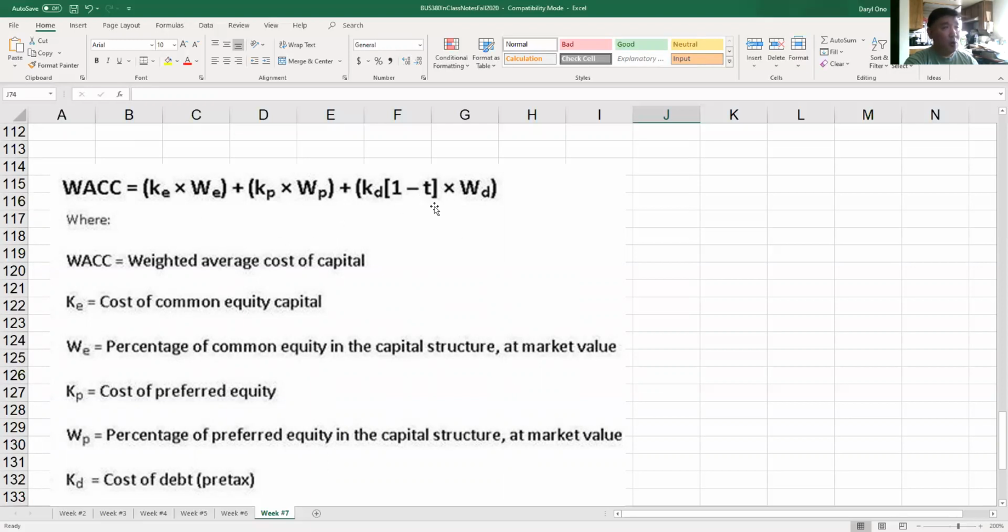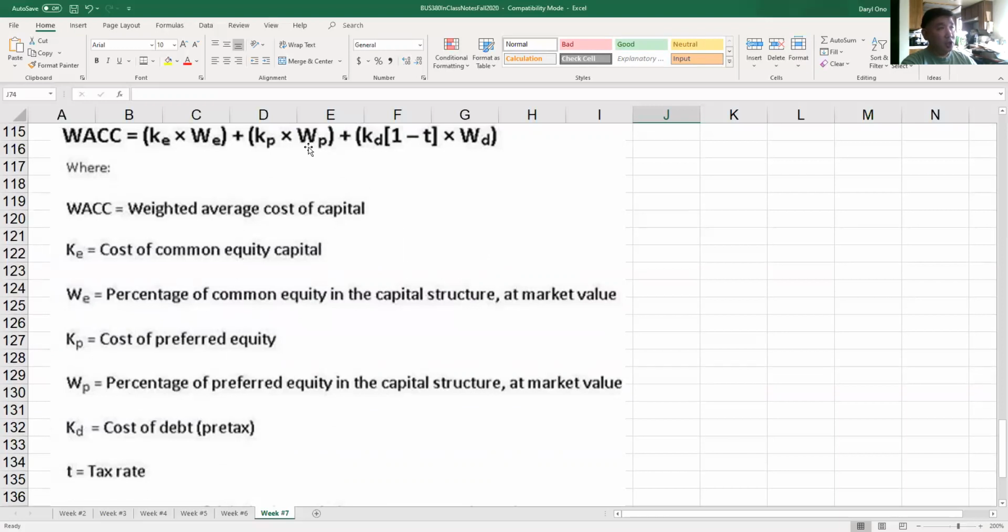You only do the 1 minus T for debt because the company can deduct interest expense on its debt. So they can make a tax adjustment. Here, no tax write-off, no tax adjustment. So I think this is the formula you were asking for.